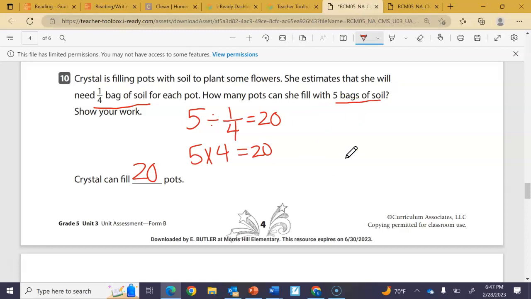But you can write 1/4 plus 2/4 plus 3/4 plus 4/4 is 1 whole, and then you put that in that pot, and then keep going until you're done. So that was 20 pots altogether, because for just 1 full bag of soil, it would be 4 pots. So 4 pots, 5 bags would be 20.